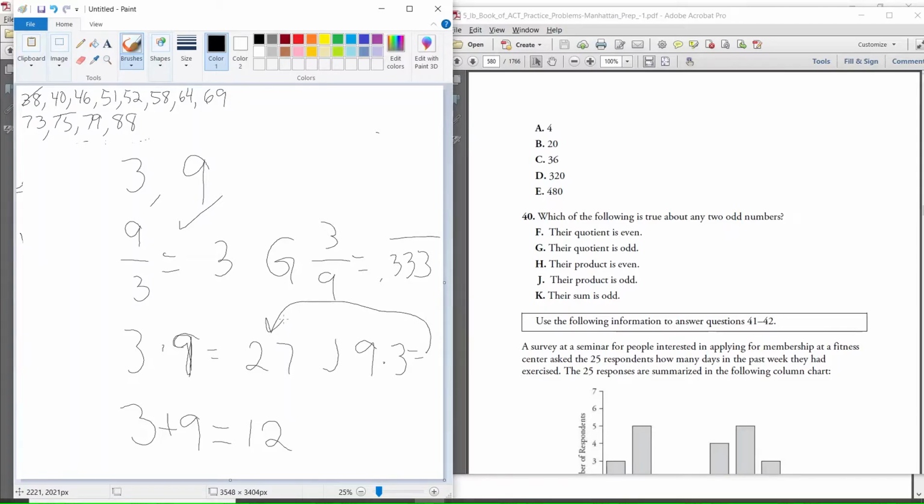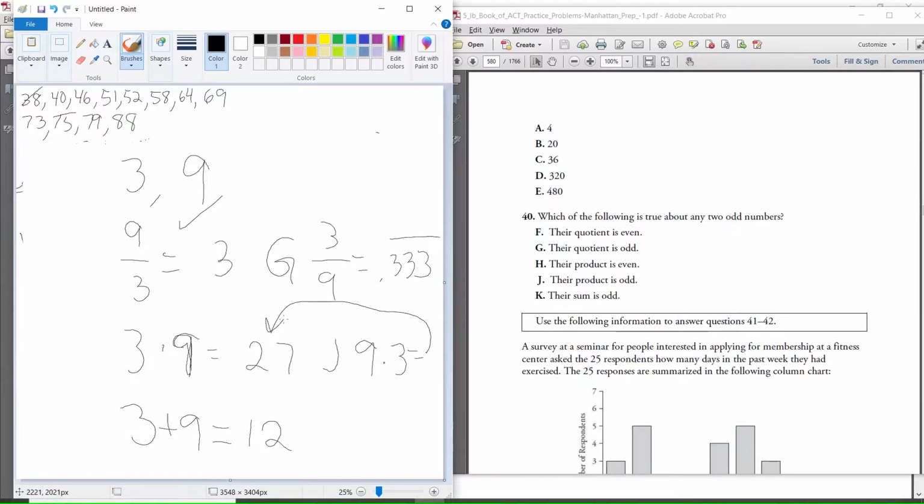So their product is odd, which is J. And no matter what two odd numbers you pick, 1 times 5, 5 times 1, the product is odd. 5 times 1 is 5. 1 times 5 is 5. 3 and 7, the product is 21. It's always odd. So J is always true. But we didn't have to look at every case and try to figure it out.